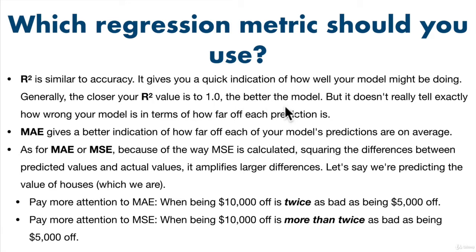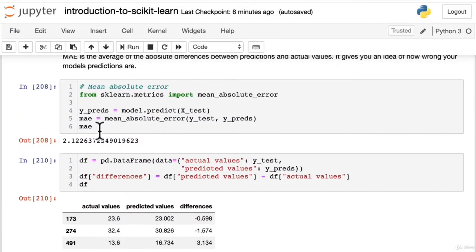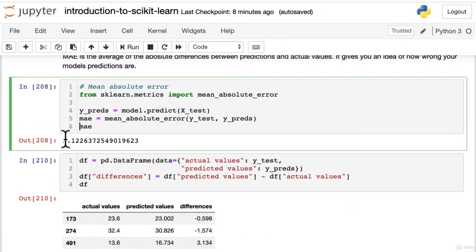But as we've seen before, R squared doesn't really tell us exactly how wrong our model is in terms of how far off each prediction is. For that, mean absolute error gives a better indication of how far off each of your model's predictions are on average. That's what we saw here, right? On average, each of our model's predictions is about 2.12 away from what it actually should be, whether that's positive or negative.